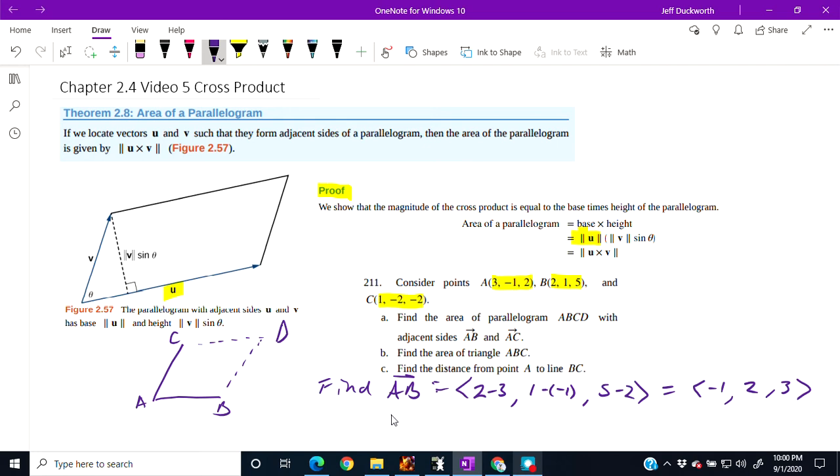And then we also want to find AC. So now we're going to use A, but we're going to use C as our first one. So 1 minus 3, -2 minus -1, and -2 minus 2. So it gives us (-2, -1, -4) as our AC.